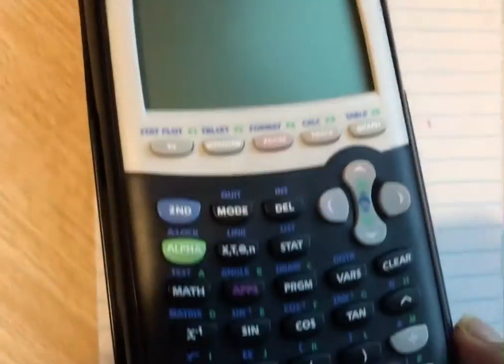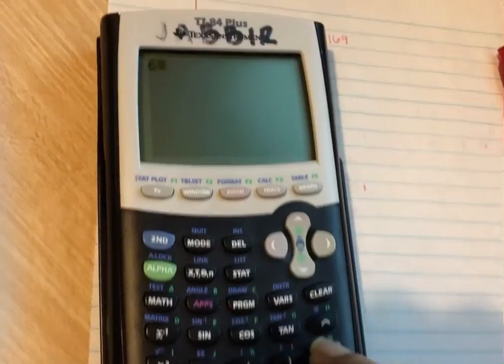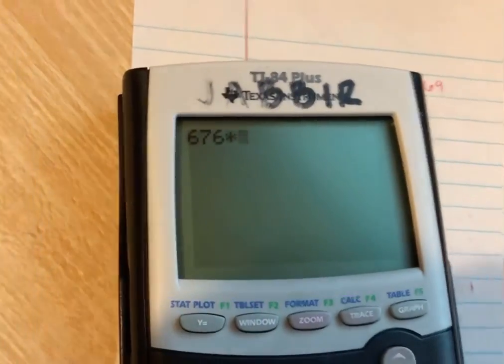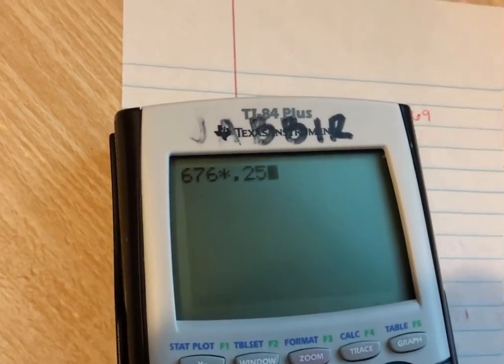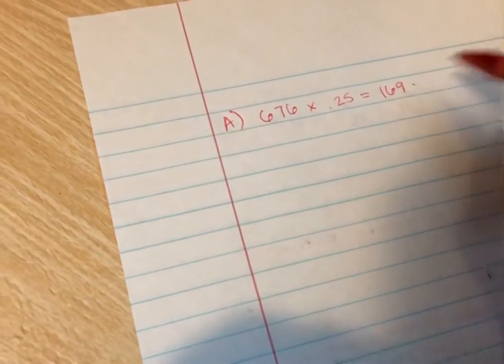And you just do that in your calculator real quick. And 169, meaning that that's the expected frequency for all the 4 types of cards.